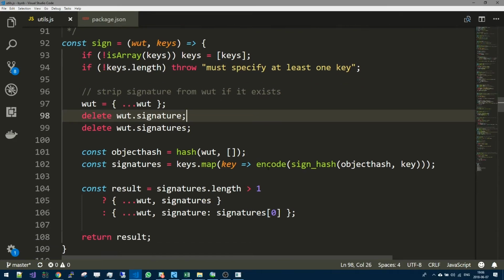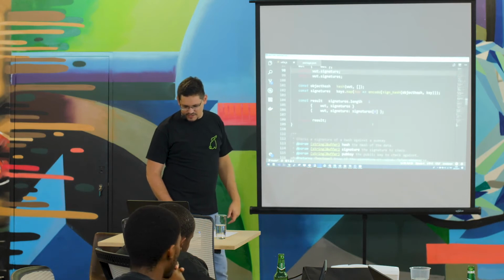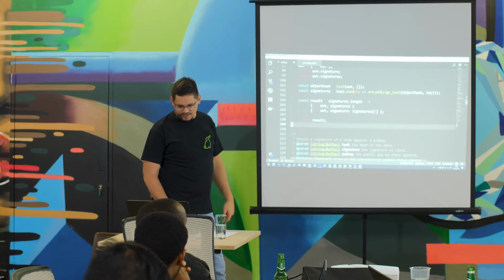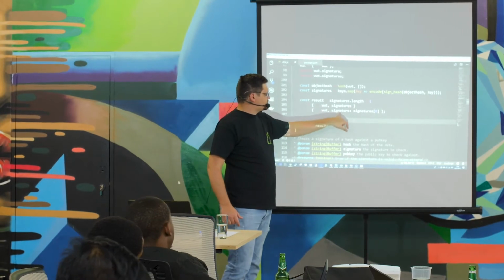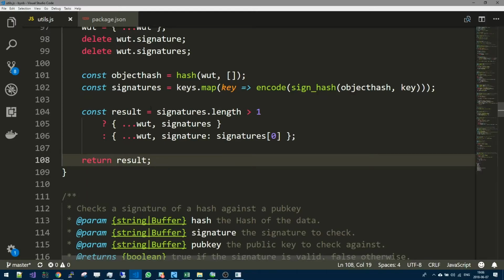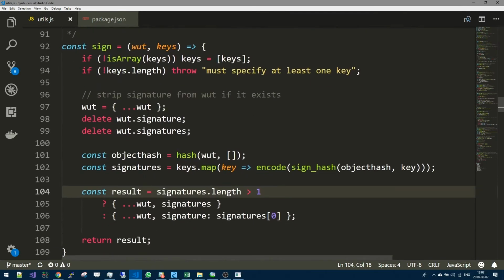And then it calls the hash function from before, and then it calls that sign hash function. And just like I said, that's how it works. And then it returns, it will add a property called signatures or signature. Now, a thing that I want you to note that we'll be doing all over the place is, first thing is, I'm not using any classes.